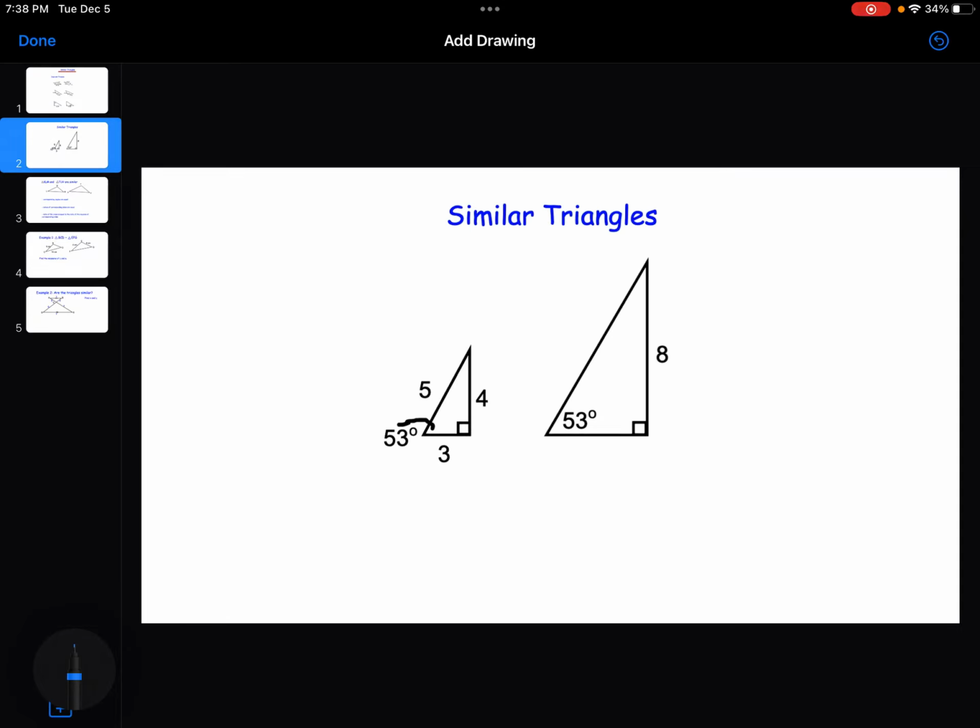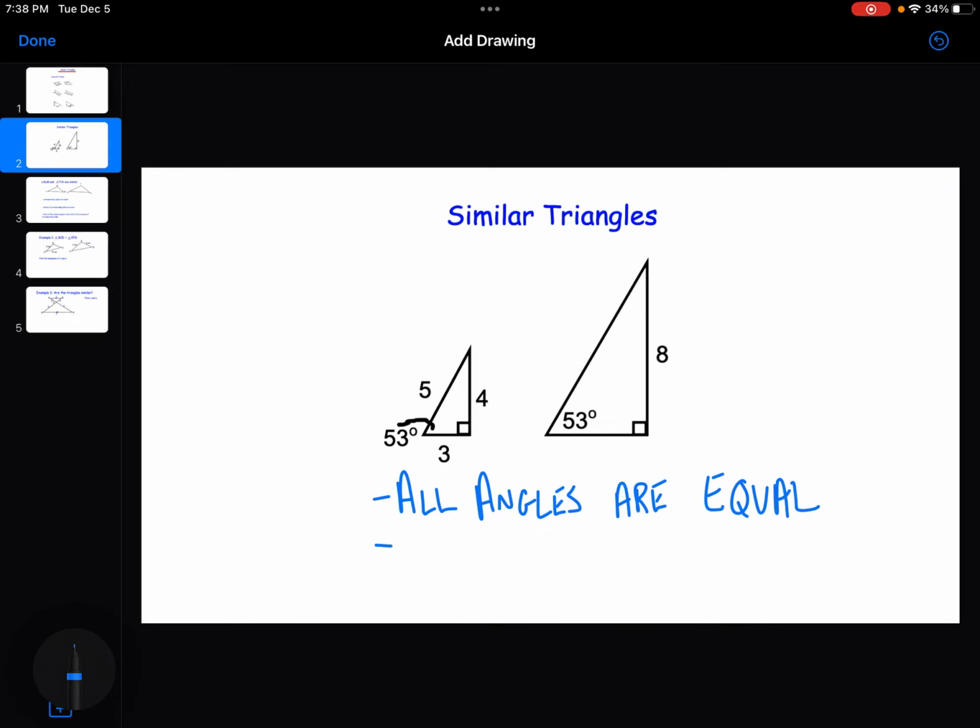When we're looking at similar triangles, they're almost like congruent, but they've been changed by some ratio. All the angles are going to stay the same, so all corresponding angles are equal.